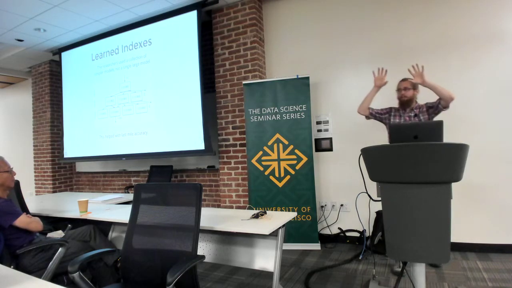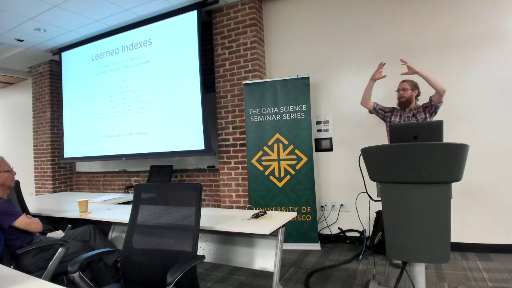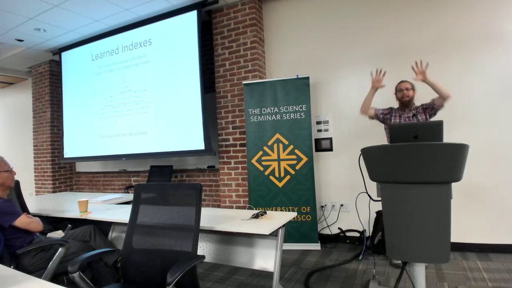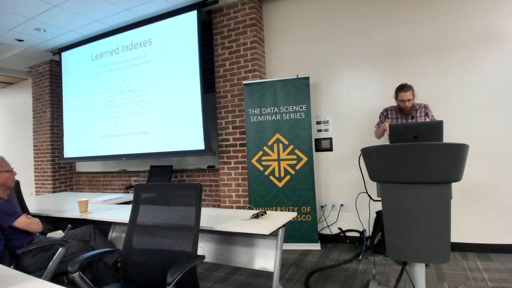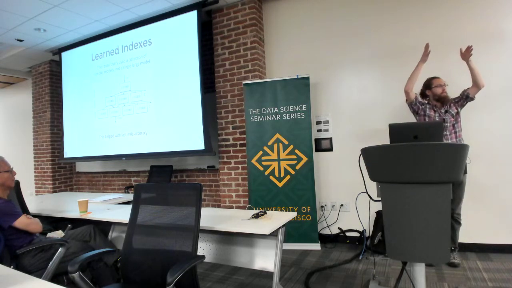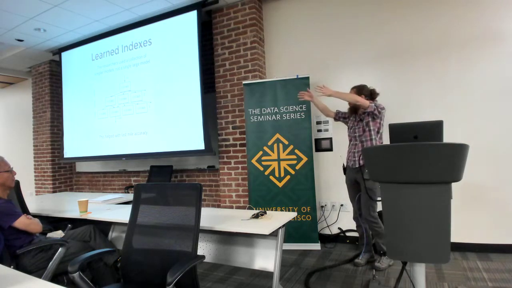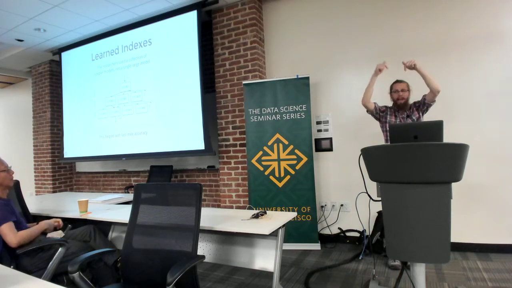At the top level you have one neural net; you input the key you're looking for, and it spits out a value that isn't related to the actual location in memory, but tells you which of about 100 other simple neural nets to use. That second stage neural net is the one that did the actual prediction.